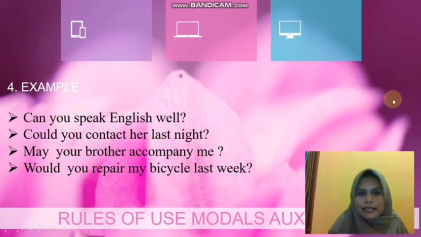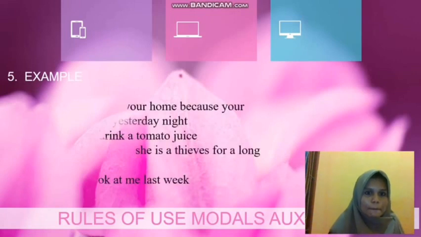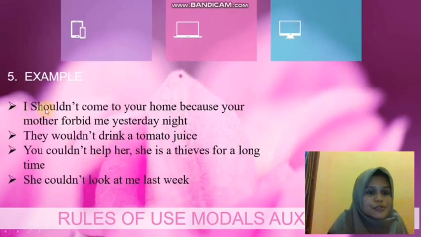Okay, the last rule of use of modal auxiliary is the negative sentence, which is formed by adding not after the modal auxiliary. Examples: "I shouldn't come to your home because your mother forbade me yesterday night." "They wouldn't drink a tomato juice," and "You couldn't help her."